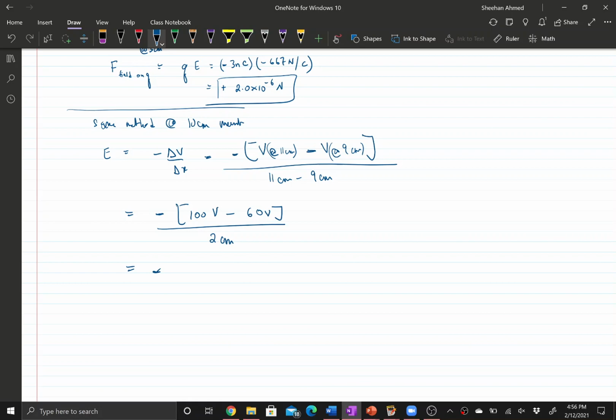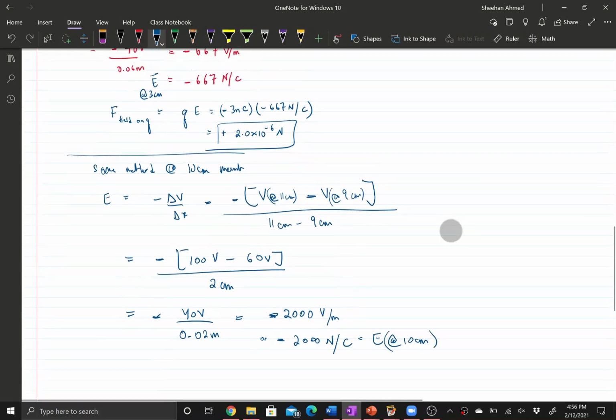So I get minus 40 volts divided by 0.02 meters, and that gives me 40 divided by 0.02, which is negative 2,000 volts per meter, or negative 2,000 newtons per coulomb, and that's my E field at 10 centimeter.